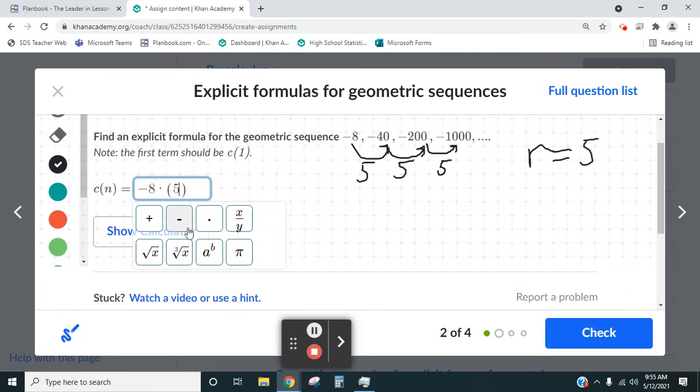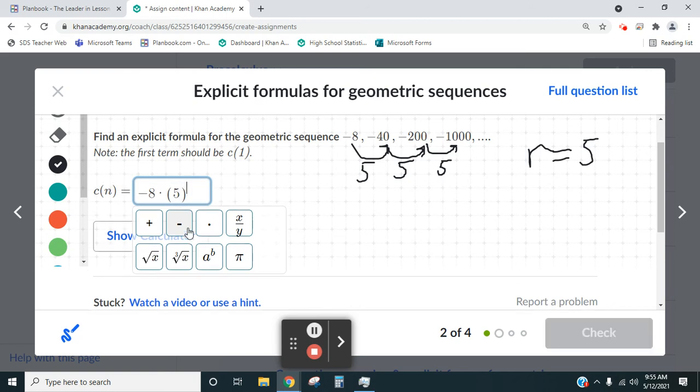I always put parentheses around it. I don't have to, but I always do. The reason I do that is because if the common ratio is negative, it should be in parentheses. That makes a difference. If it's positive, it really doesn't matter. Now, shift. Watch this. This is annoying, right?